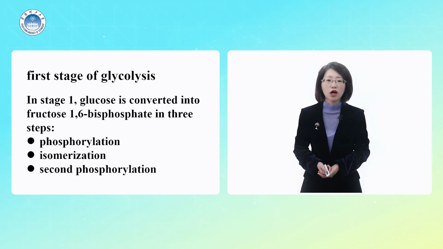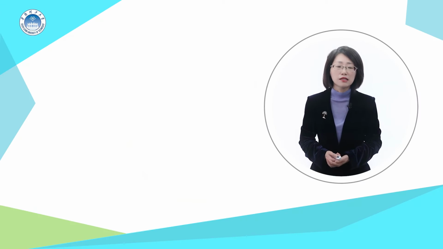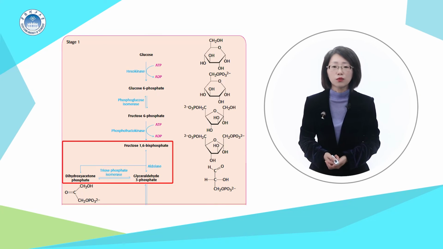The strategy of these initial steps is to trap the glucose in the cell and form a compound that can be readily cleaved into phosphorylated 3-carbon units. Stage 1 is completed with the cleavage of the fructose 1,6-bisphosphate into 2 3-carbon fragments. These resulting 3-carbon units are readily interconvertible.